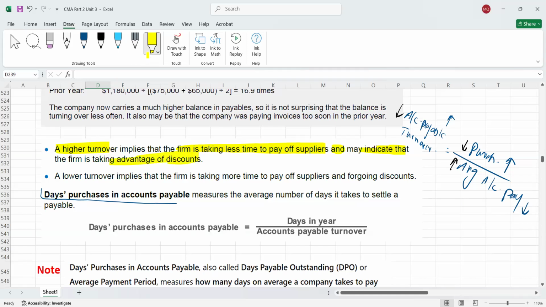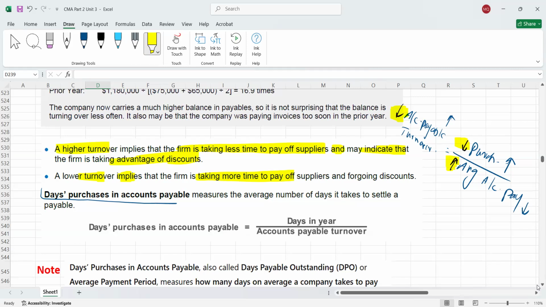But if turnover ratio is lower, as I told you, when it will be lower, if purchases are lower, or if your average accounts payable is higher, then turnover ratio will be lower. So if lower turnover is there, it implies that the firm is taking more time to pay off suppliers. If you are taking more time, then maybe you are losing the opportunity to get the discount also, and you are foregoing discounts. That's what is turnover.